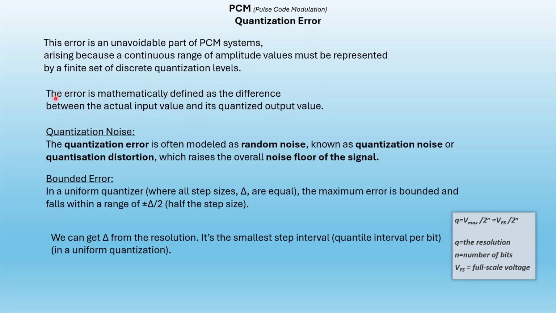Again, the quantization error is mathematically defined as the difference between the actual input value and whatever the number represents, which tells us where to put the dot on the graph.